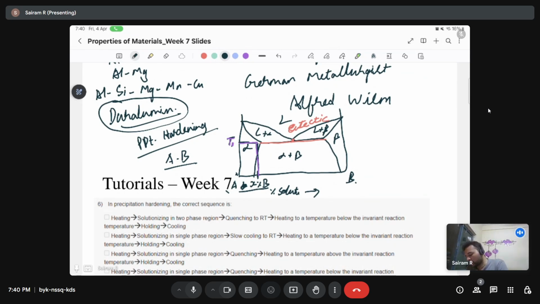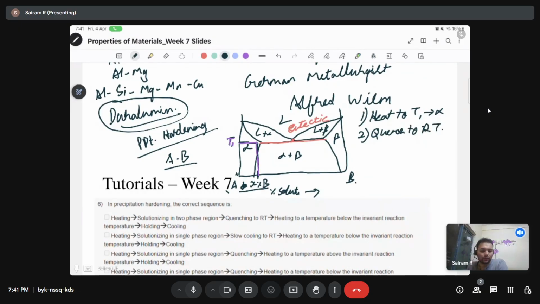Okay, so initially we heat it up to T1, and then we solutionize it in this single phase region over here, in this alpha phase region. Now what we do is, from this T1 I quench it immediately. So the first step is heat to T1, I get alpha phase. Step 2 is quench to room temperature.